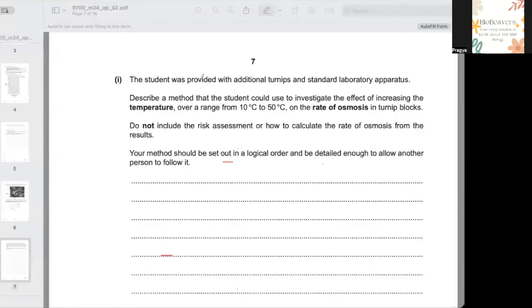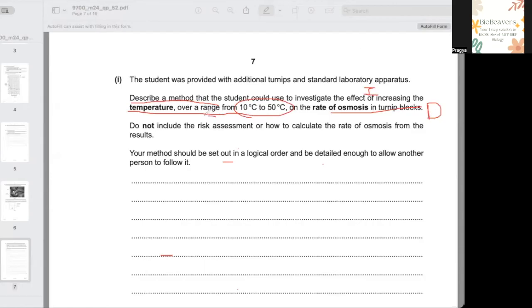As I mentioned, you have to underline the point. They're asking you to describe a method that the students should investigate on the effect of increasing temperature over a range of 10 to 50 on the rate of osmosis. So, independent variable becomes increasing temperature. Dependent variable becomes rate of osmosis.